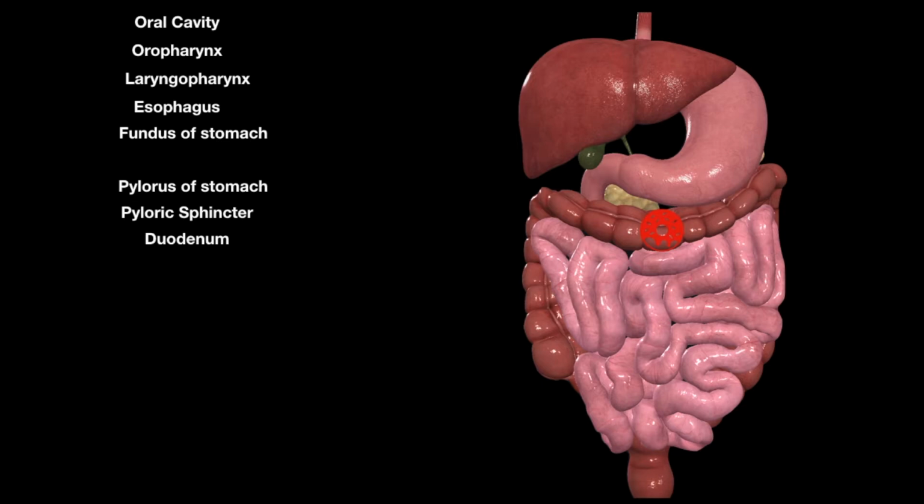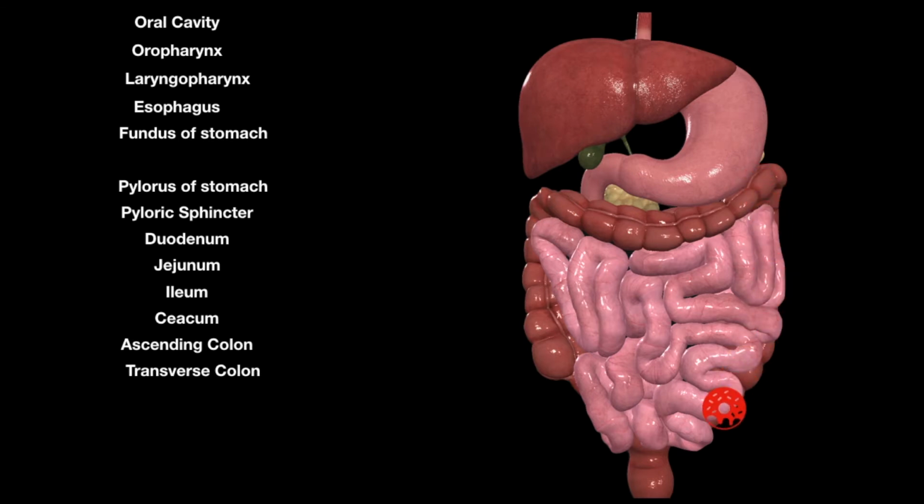So from the duodenum we move into the jejunum, which goes to the ileum, and then the ileum goes into the cecum, so the first part of the large intestine. Now we ascend in the ascending colon. We move across the body with the transverse colon. We move down the body with the descending colon.